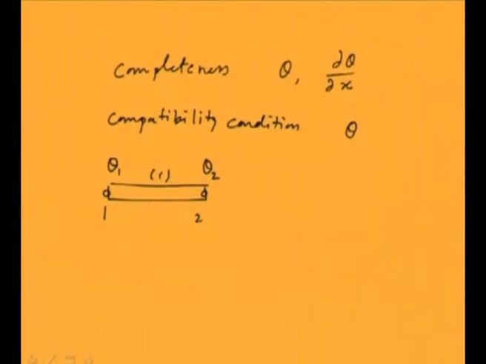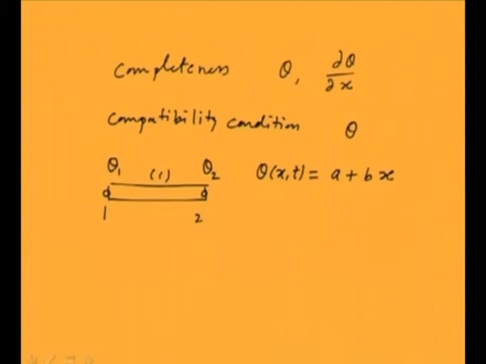So if we choose the solution, that is theta of x, as a linear function, that is a plus b x, this particular solution will satisfy our requirement of completeness and compatibility condition both. And if we see the boundary conditions of the element, here we have two boundary conditions.